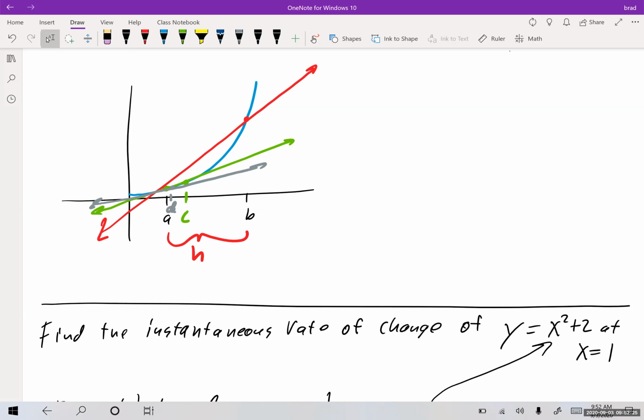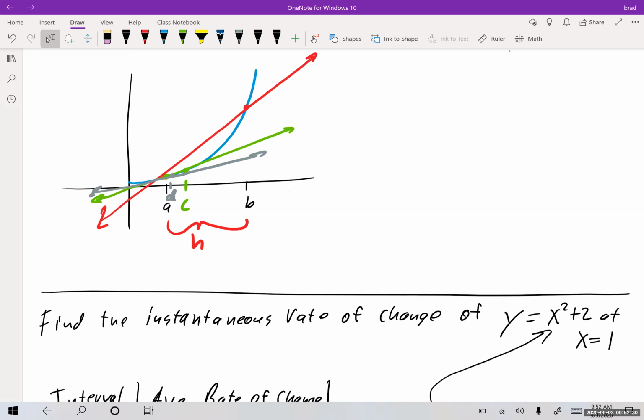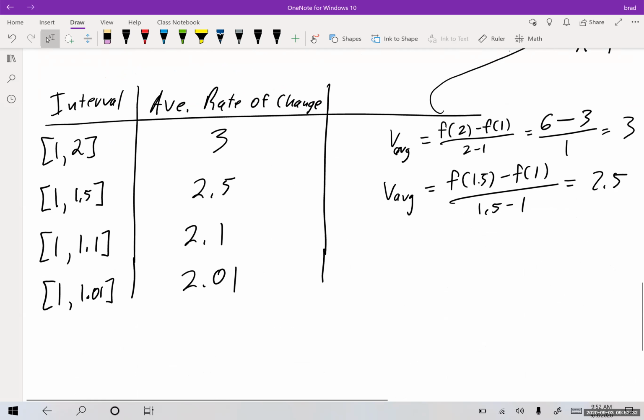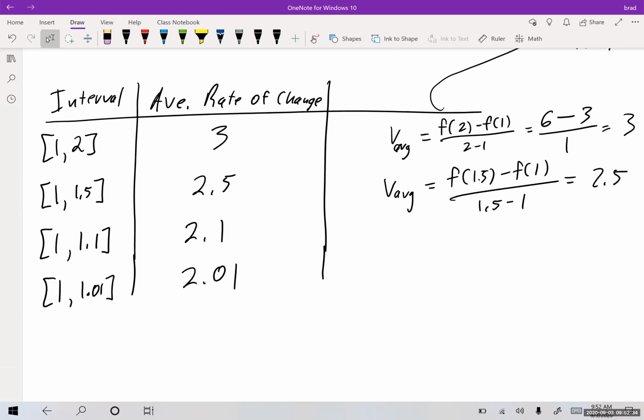We're picking up the value of B, of C, and of D, and we're moving it closer and closer to A. Okay, so now I went from 3 to 2.5. Now I go closer and I get from 2.5 to 2.1. I go even closer and I get 2.01.